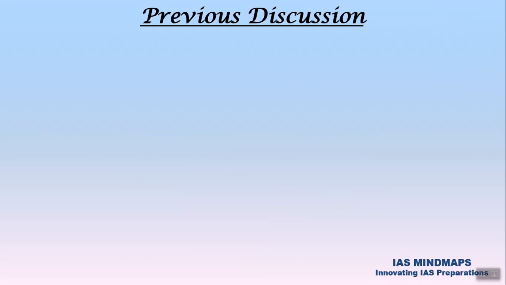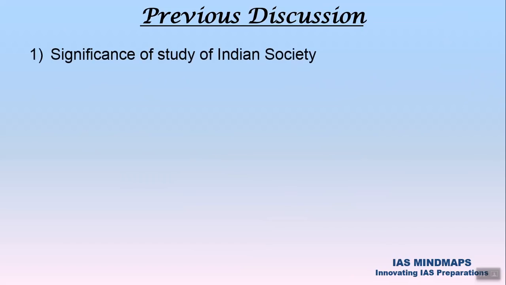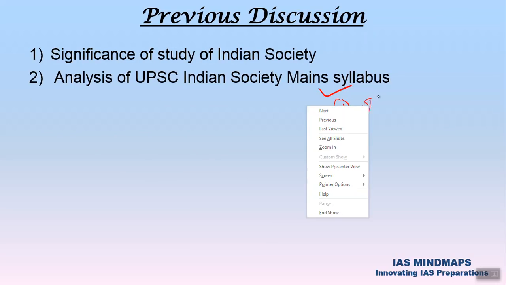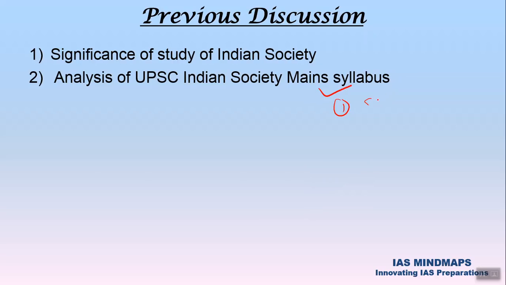In the previous discussion, we discussed the significance of the study of Indian society, along with the analysis of the UPSC Indian society mains syllabus, and we divided the syllabus into three parts. One was the structure of Indian society.